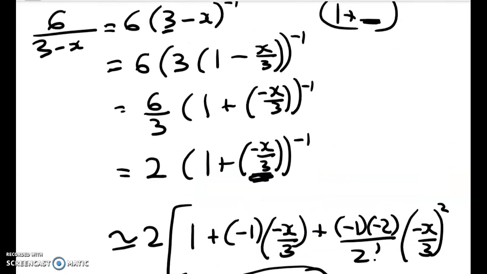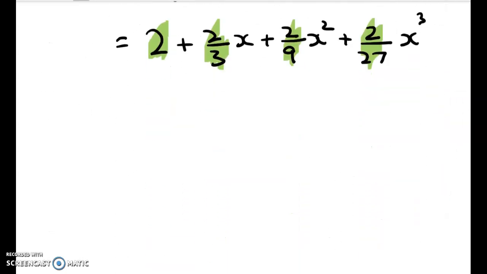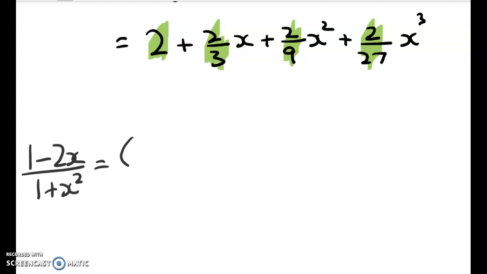So let's turn now to the second one. The trick here is to remember that the thing I'm going to be expanding is 1 over (1 plus x squared), and then I'm multiplying it by 1 minus 2x. I'm just getting the approximation to go as far as the cubic term. So (1 minus 2x) over (1 plus x squared) looks really horrible, but it's not.